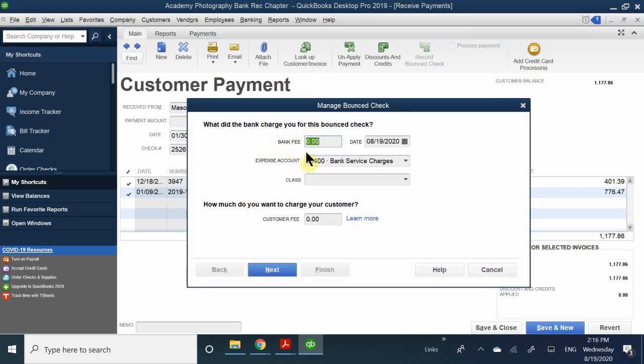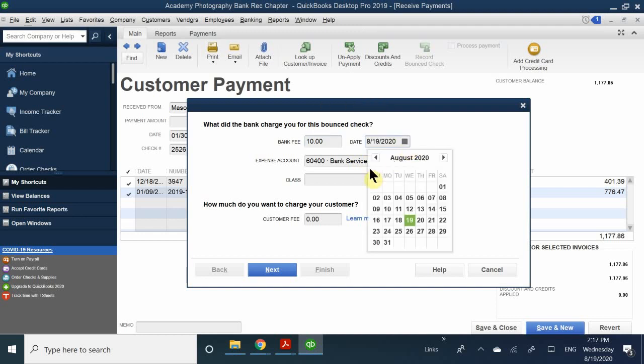Now it's going to ask you, how much did the bank charge you? It's $10, I believe. Yep, they charged us $10. As of what date? January 2019, I believe.